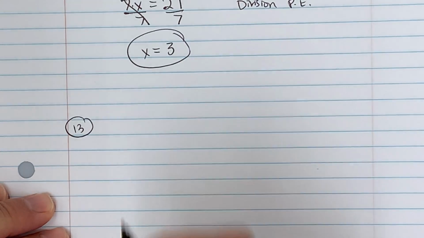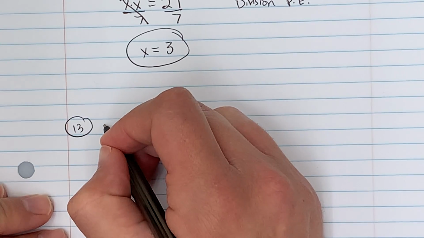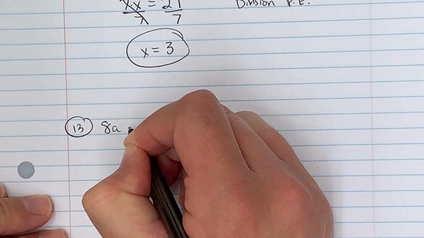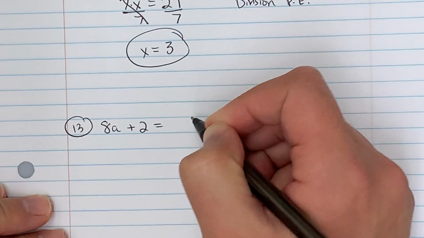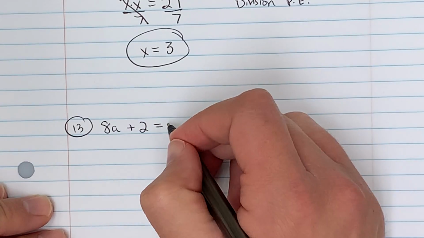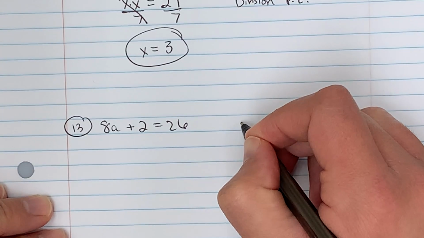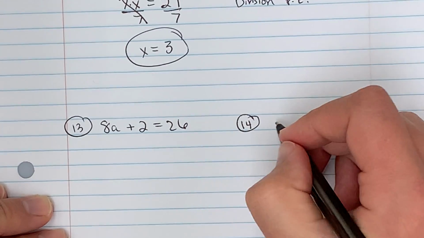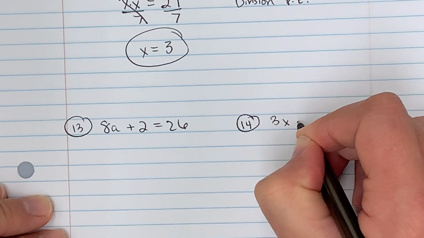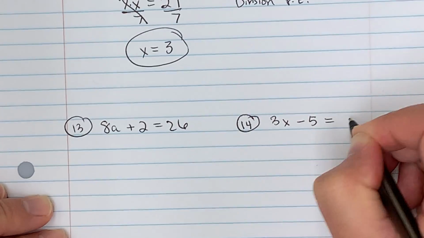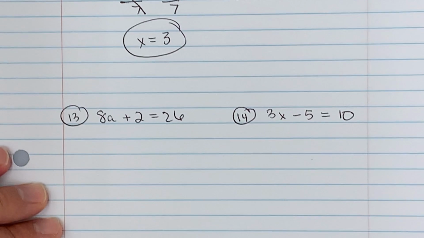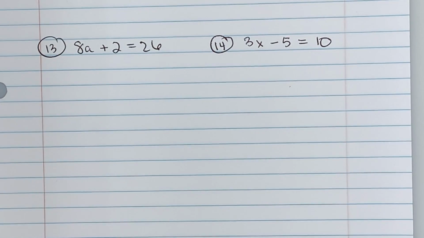All right, so number 13, I want you to do, all right, so I want you to go ahead and solve these on your own, and as you solve it, I want you to identify what property of equality you used, and you can just abbreviate it. So go ahead and take about, let's say, 5 minutes and do that on your own.